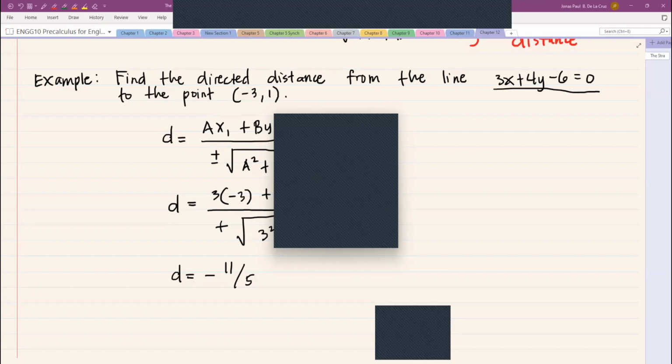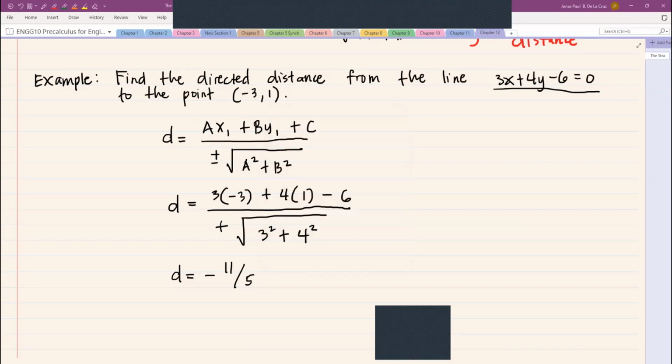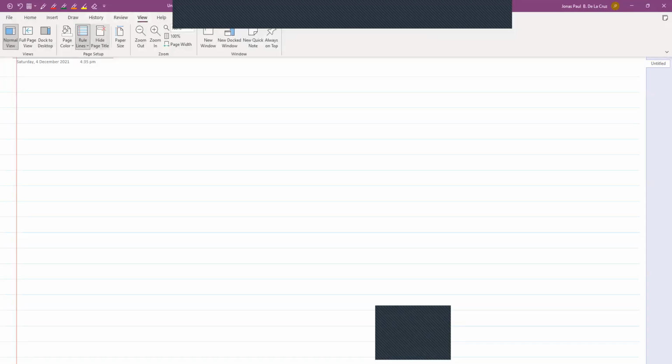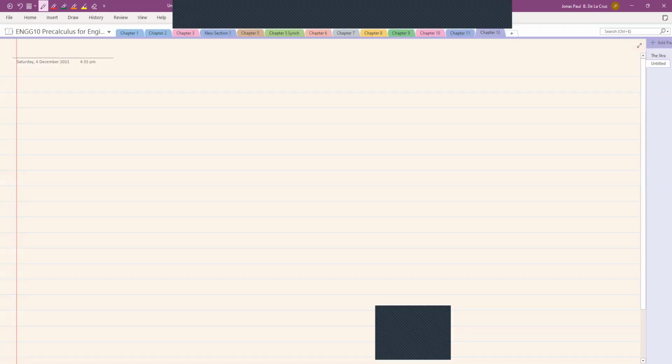Okay, so as your attendance, since meron pa tayong 30 minutes, I'm going to give a sheet work para sa inyo. This is a group work.